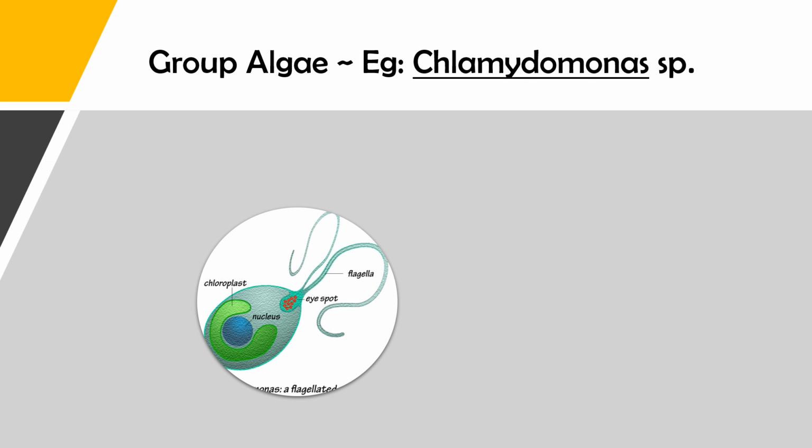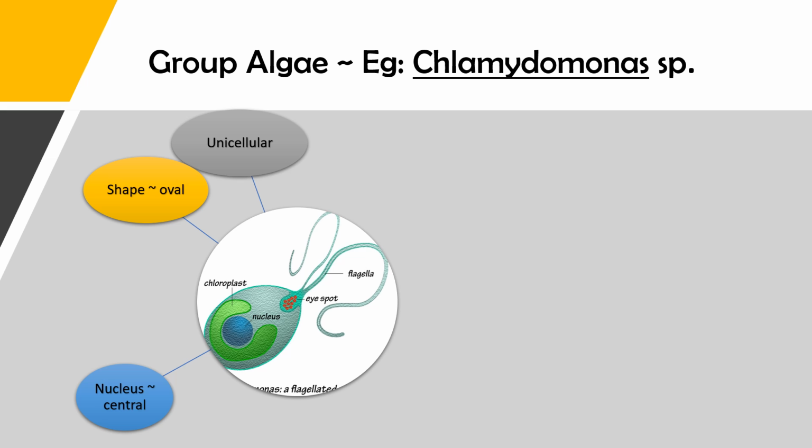Okay, let's take a look at Chlamydomonas, which is an example of algae. This is Chlamydomonas. Chlamydomonas is unicellular, and the shape of Chlamydomonas is oval. Chlamydomonas has a nucleus as any eukaryote does, which is located in the center of the cell.